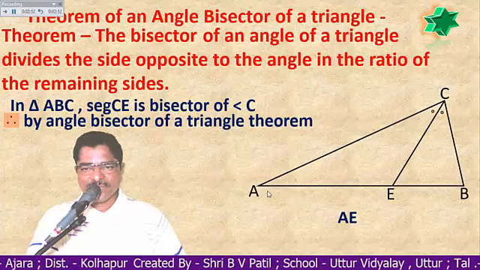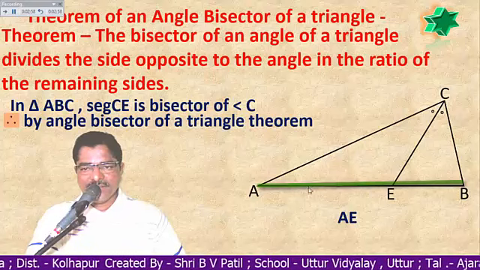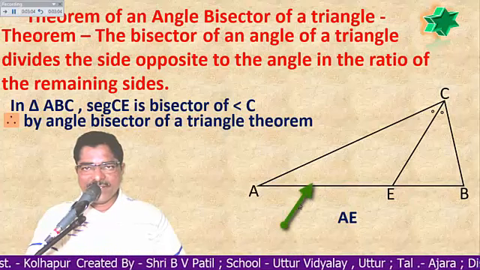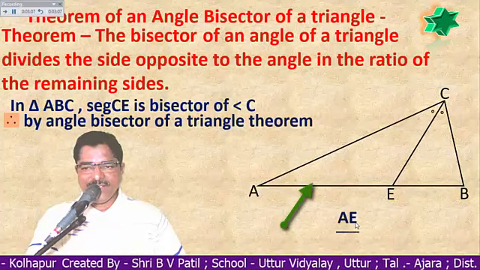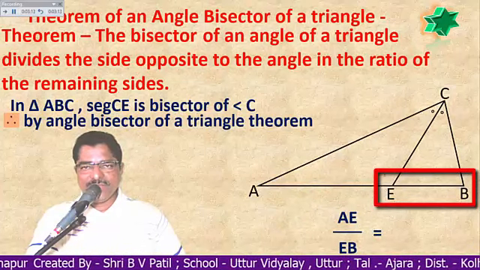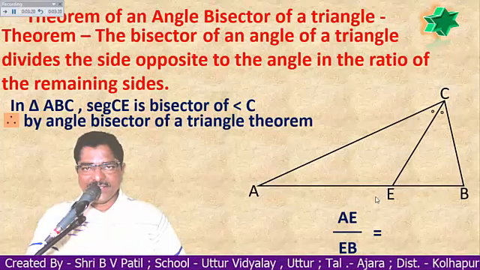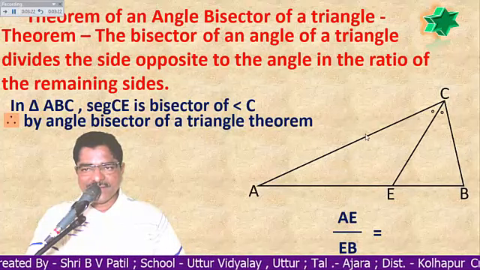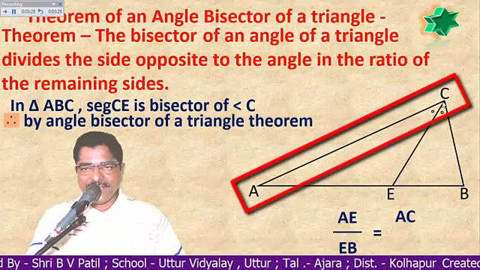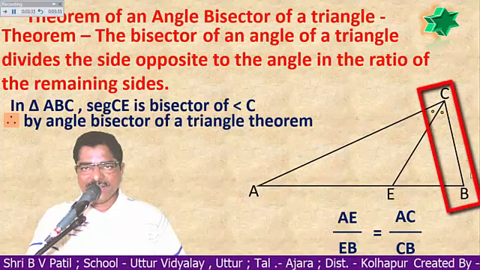Therefore, by that theorem, the bisector divides AB in the ratio AE divided by EB is equal to the ratio of the remaining sides, that is AC divided by CB.